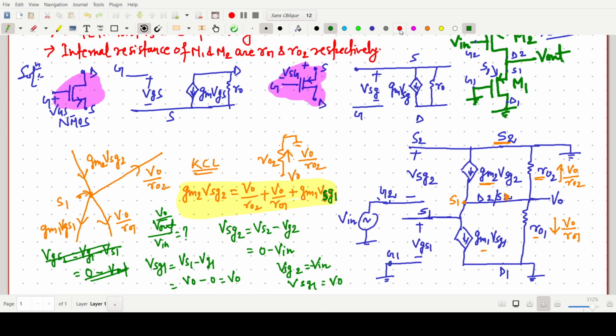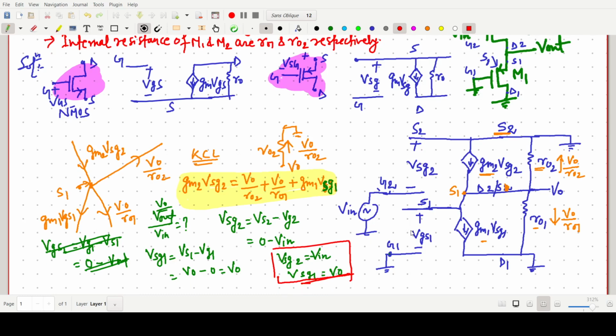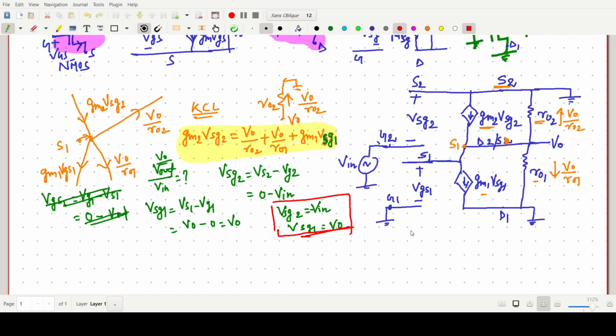This is one more very fundamental concept to solve this problem. Is this point clear or not? There is a mistake. I have written for the NMOS type, but this one is PMOS, so we have to write SG. So now we take this equation.